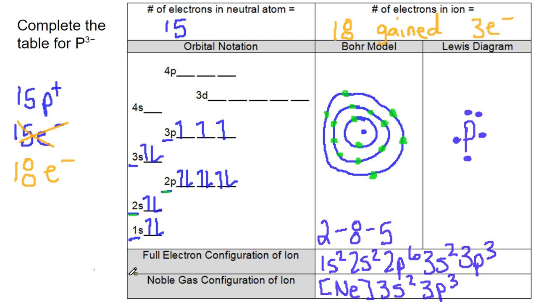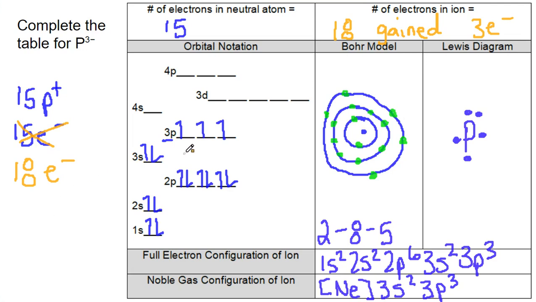Okay, let's go and modify our orbital diagram. So we gained additional 3 electrons. Okay, remember when electrons are gained or lost in the formation of an ion, they're always gained or lost to the valence shell, the outermost S's and P's.